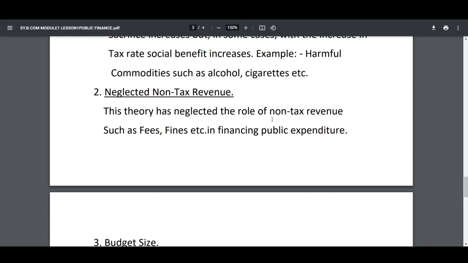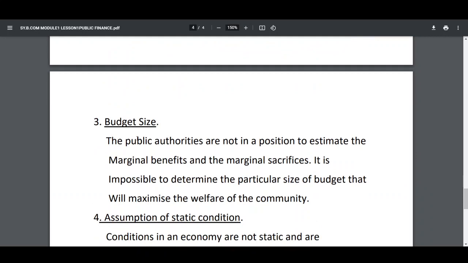But this theory has neglected the role of non-tax revenue. Now, the third criticism, budget size. The public authorities are not in a position to estimate the marginal benefit and the marginal sacrifice accurately. Therefore, it is impossible to determine the particular size of the budget that will maximize the welfare of the community.